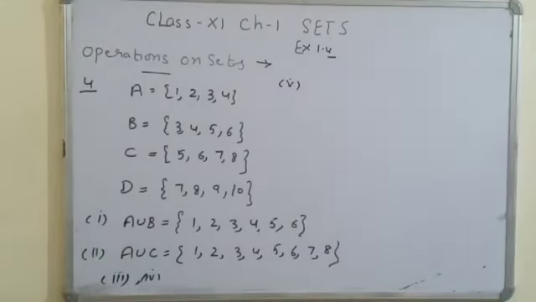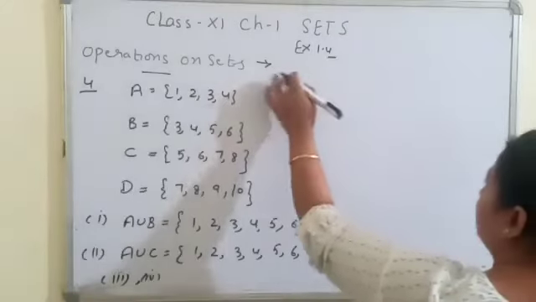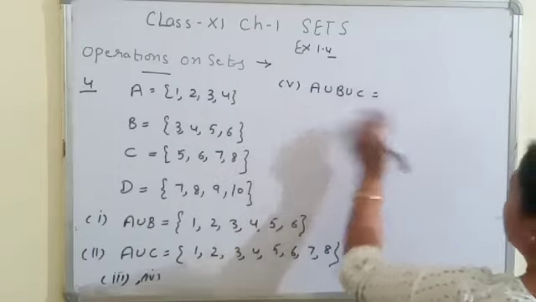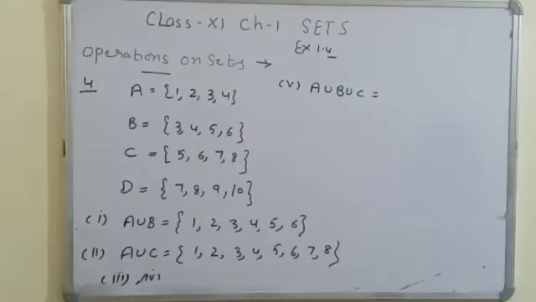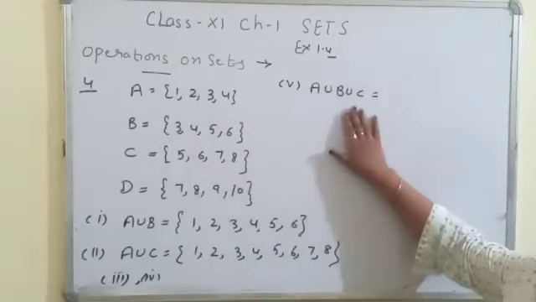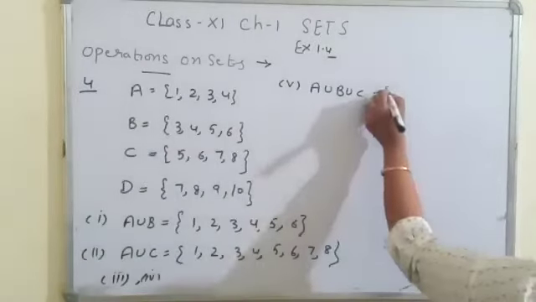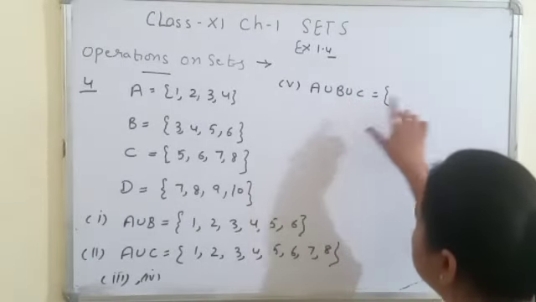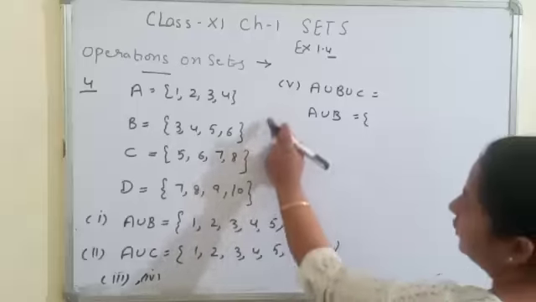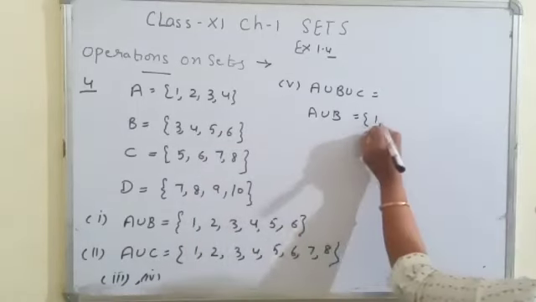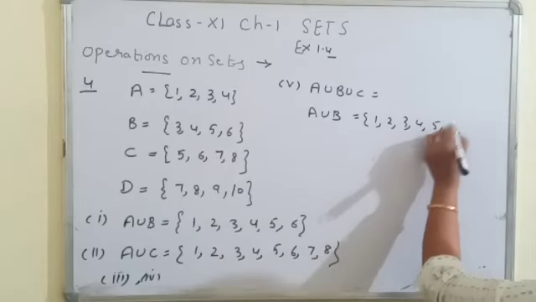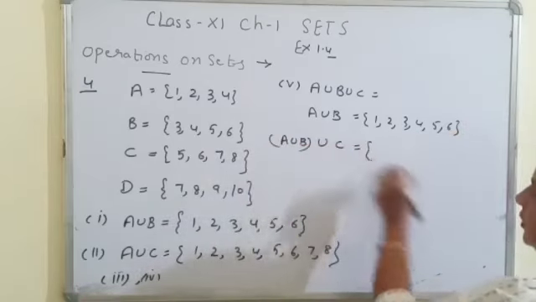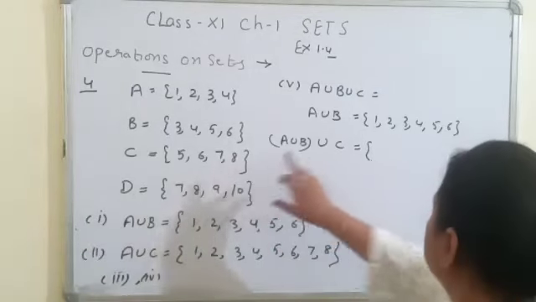In the fifth part, we have to find the union of set A, set B, and set C. Three sets are given here. It means we have to write all the elements of set A, set B, and set C. So, first write A union B, these are the elements 1, 2, 3, 4, 5, 6, and then union with set C, which is 5, 6, 7, 8.